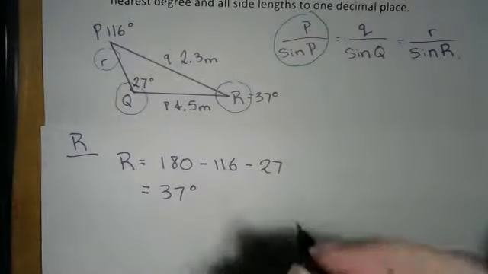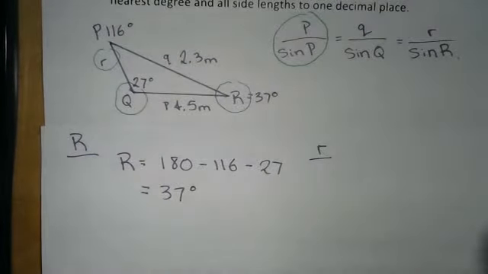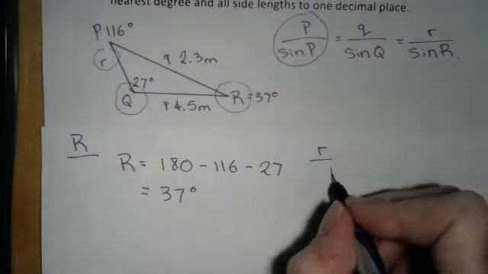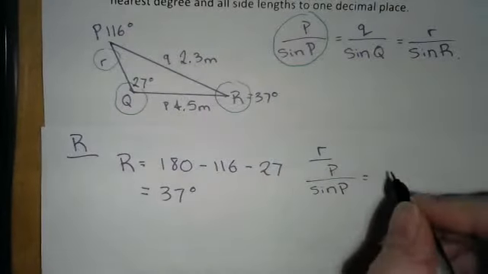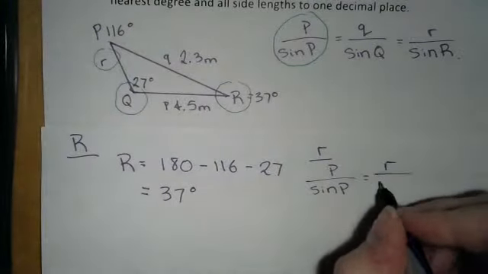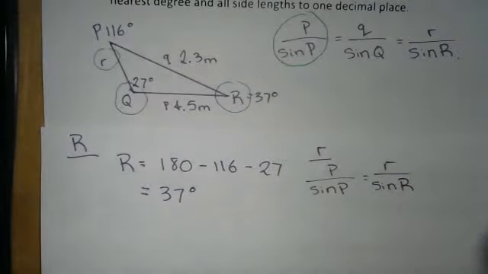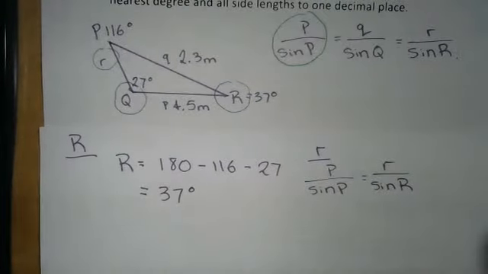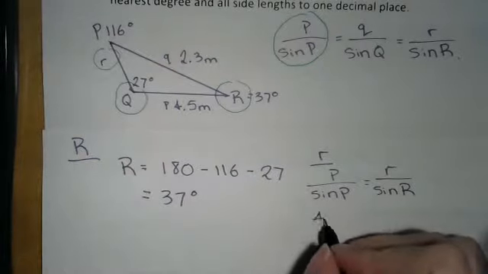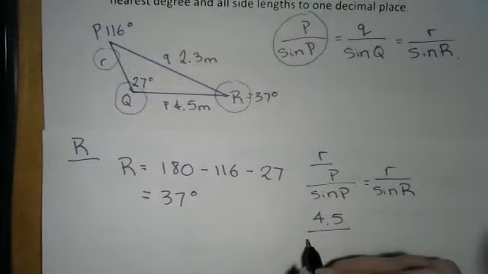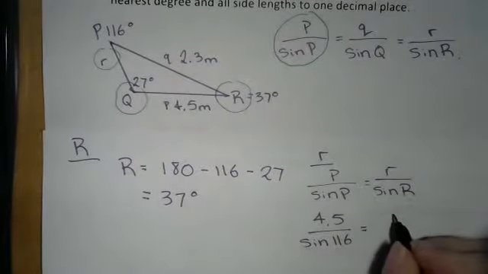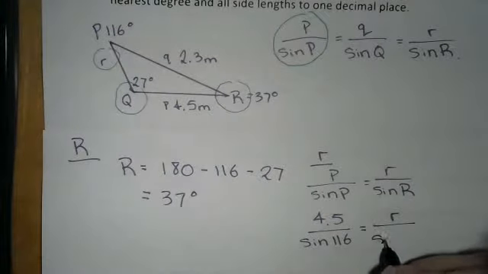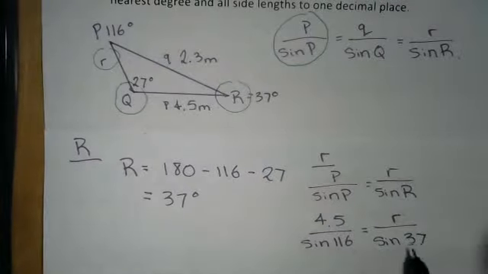The last thing we have to find is little r, the side length r. So we're going to use our known ratio. Now we're going to use sine R. Substitute what we know. We know p is 4.5, sine P, and R is 37 degrees.